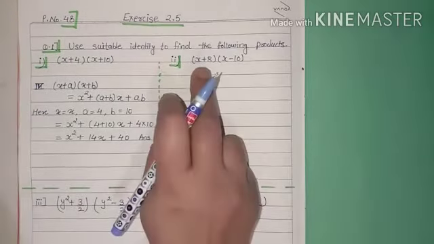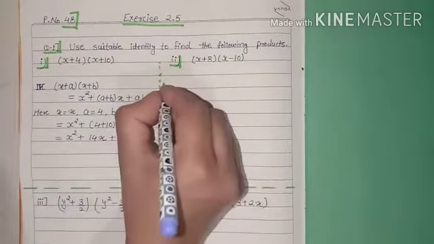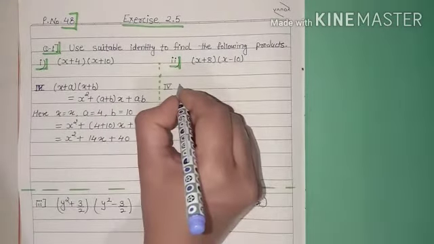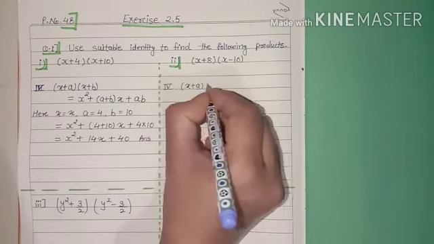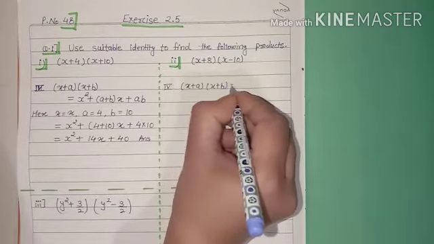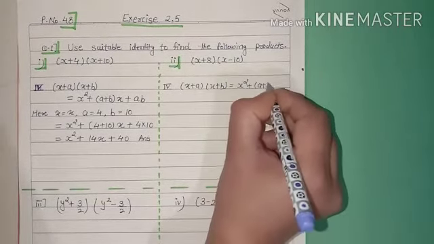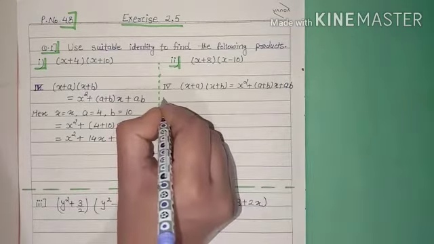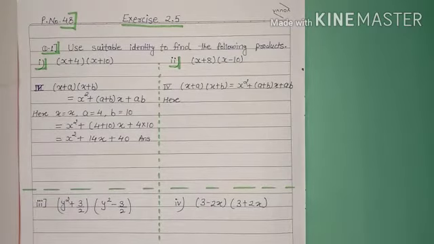Now the second part of this question is (x + 8)(x - 10). Again we will apply the same identity, (x + a)(x + b) = x² + (a + b)x + ab. Again we will compare the values of x, a and b.